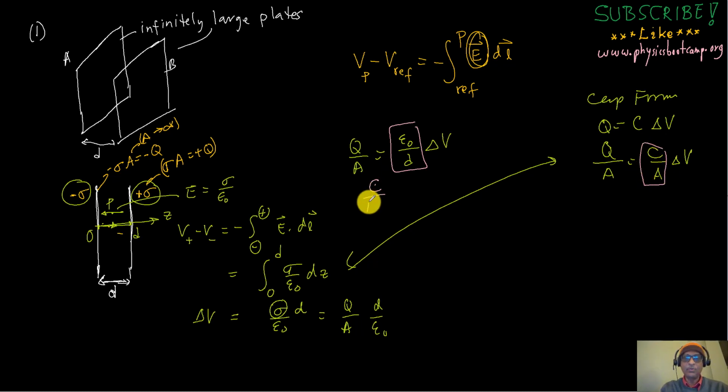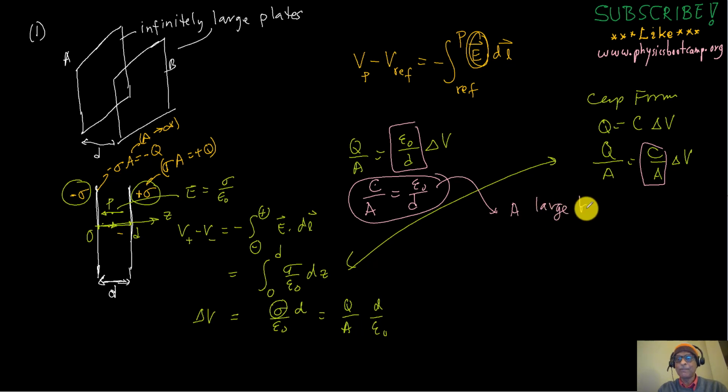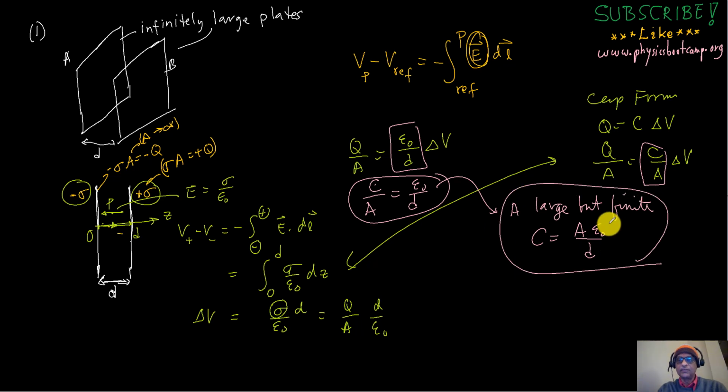So C over A equal to epsilon naught over D. Although A is infinite in all of this, I can assume A large but finite. We can just write it like this: C equals A epsilon naught over D. And the same process will go in other cases also.